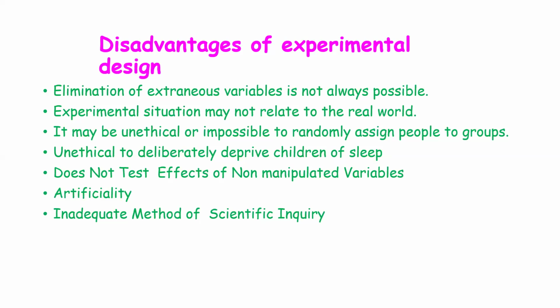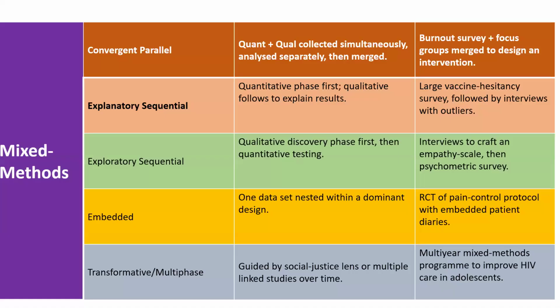Mostly we can control them, but on some occasions it may not be possible. It also does not test the effect of non-manipulated variables, and artificiality cannot be avoided. These are the disadvantages.